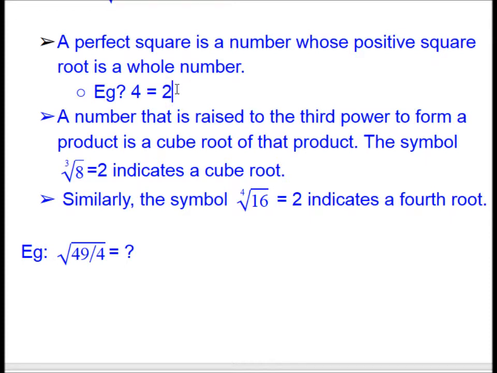2 squared is 4. Similarly 9. 9 is a perfect square because 3 squared is 9. Similarly 1 is also a perfect square because 1 squared is 1.